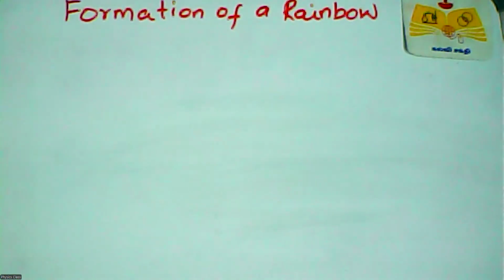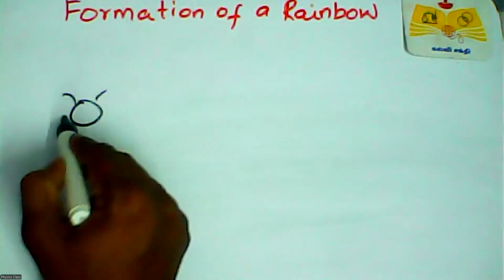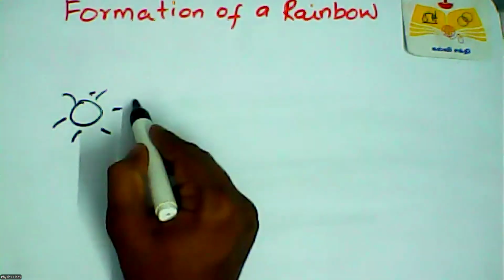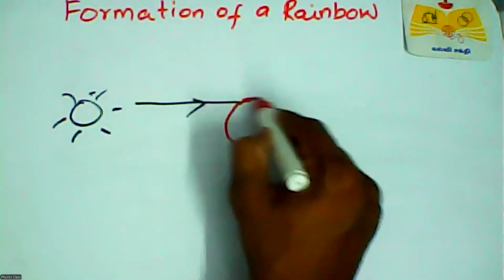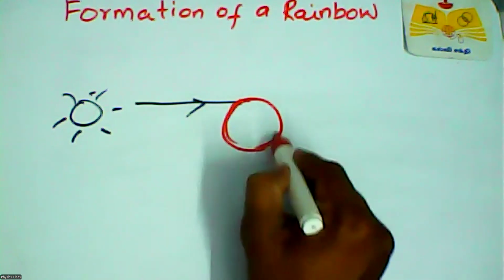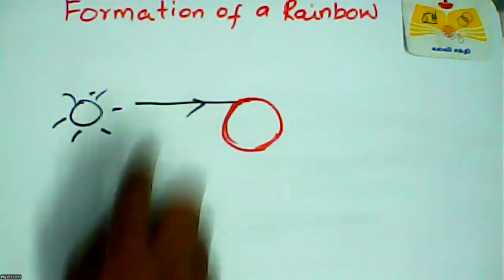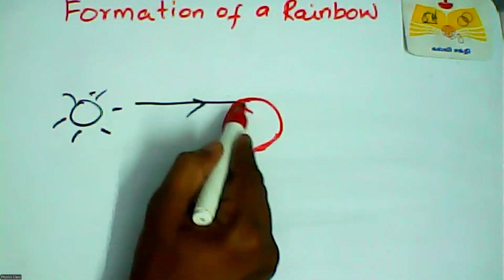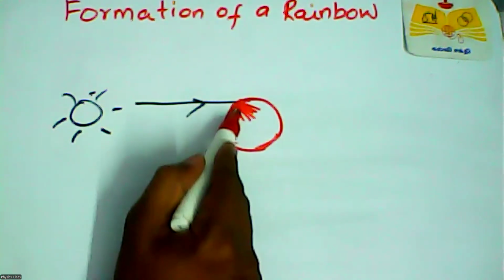First of all, this is sunlight coming to this water droplet. In this area, light splits into its constituent colors.